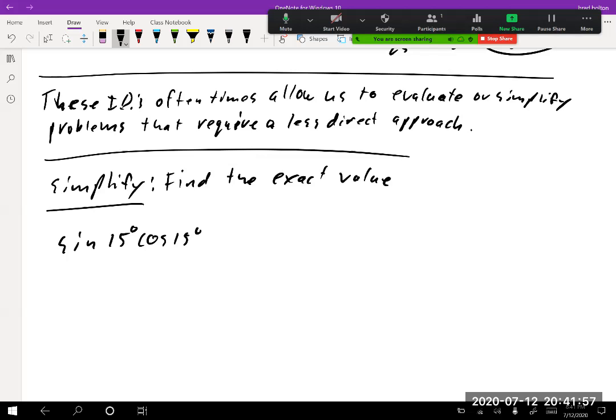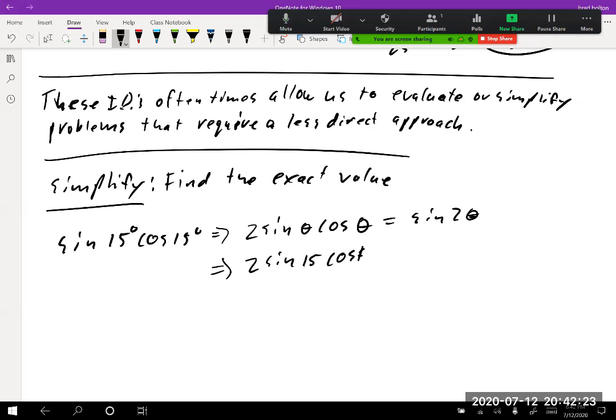But what I do know is that 2 sine theta cosine theta is equal to sine of 2 theta, right? So what if I plug that in right here and I said, well, what if this was 2 sine 15 degrees cosine 15 degrees? That would be amazing, right? That would then be sine, well, what's the double of 15 degrees? That would become 30 degrees, right?